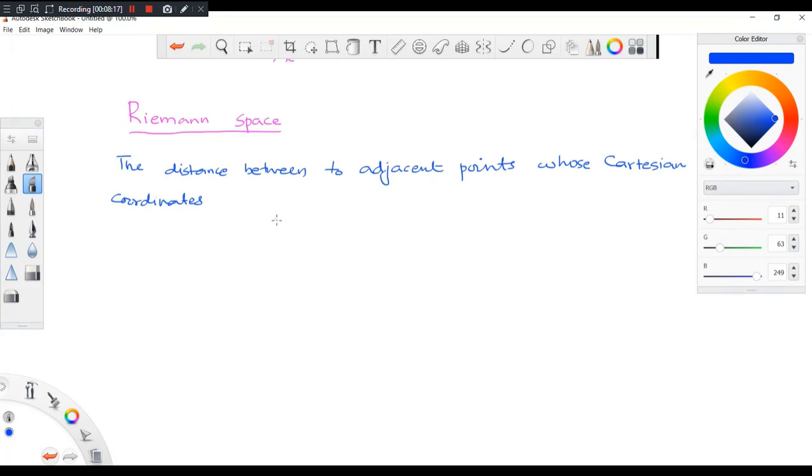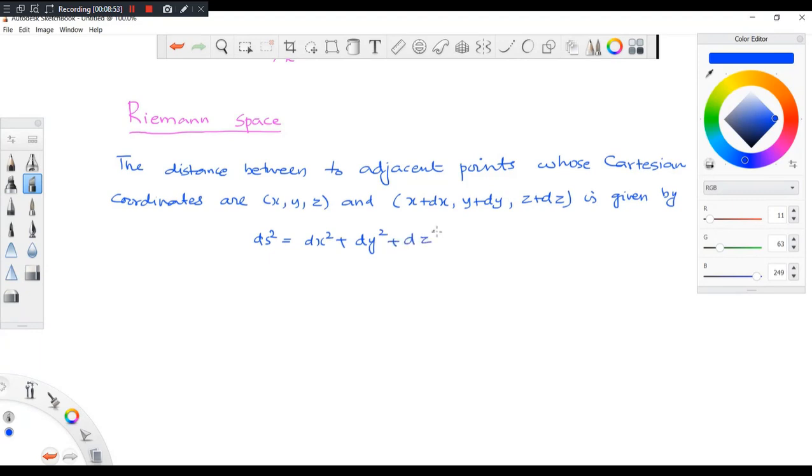That is why it is called Cartesian coordinates. The distance between two points with coordinates x, y, z and x plus dx, y plus dy, z plus dz is given by ds square equal to dx square plus dy square plus dz square.